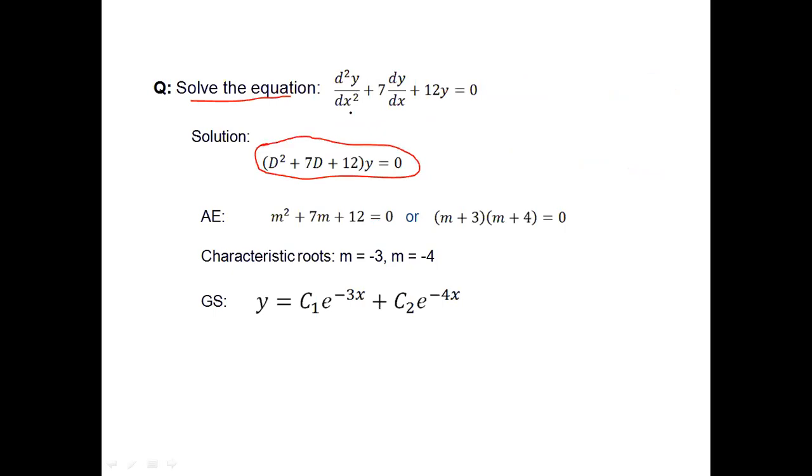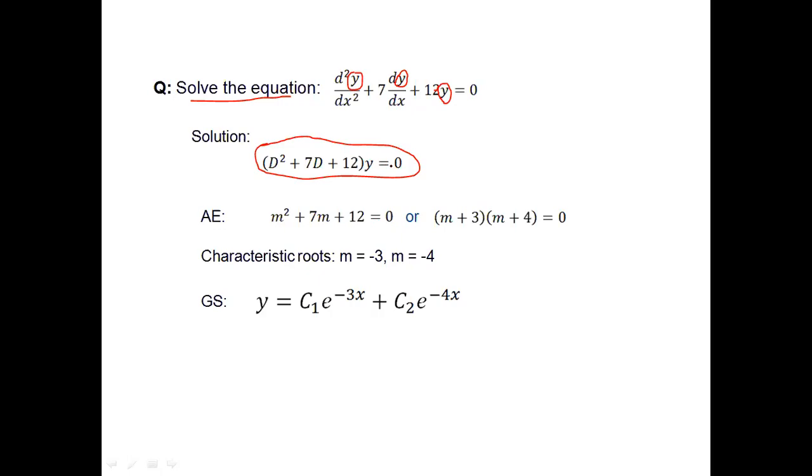So this is the second differential coefficient, so we say D squared plus 7D, then plus the constant 12. Then in brackets, we take out the y. This y is common to all the three terms, so it's factorized out, then we equate it to 0.